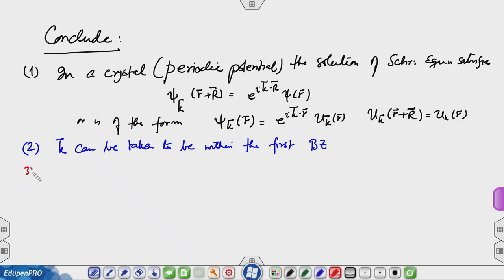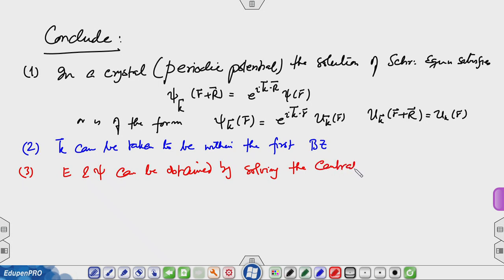Number 3, E and psi can be obtained by solving the central equation with a finite number of plane waves.